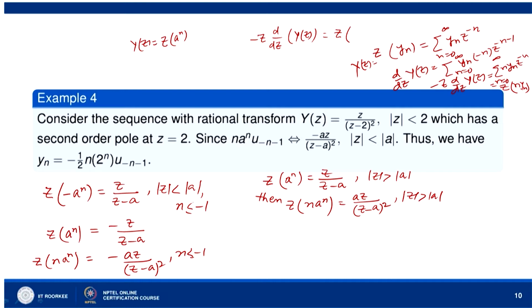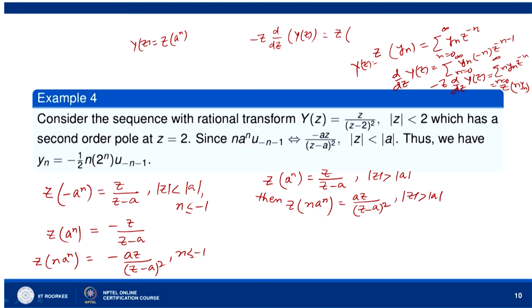If we know the Z transform of y n, the Z transform of n y n can be obtained by differentiating Y(z) with respect to z and then multiplying by minus z. This formula holds for n greater than or equal to 0. This formula will also be applicable when n is less than or equal to minus 1.